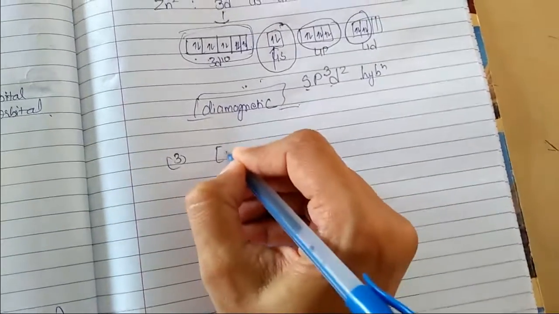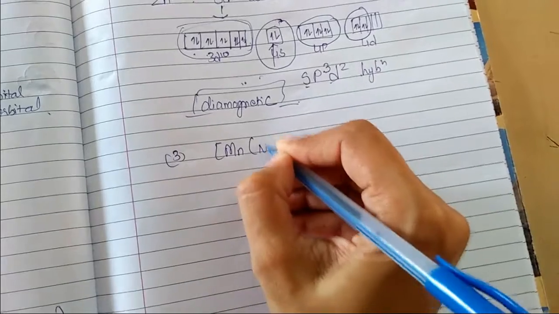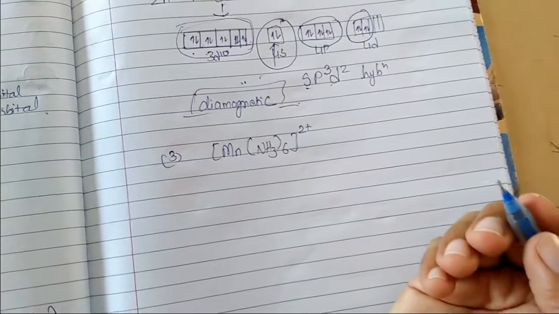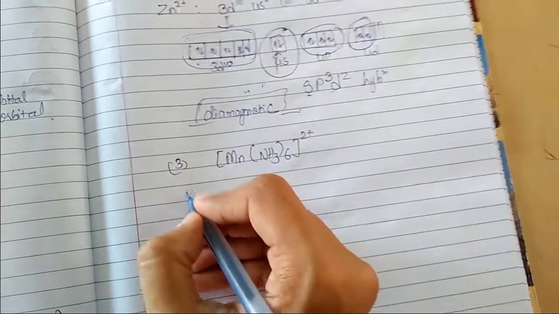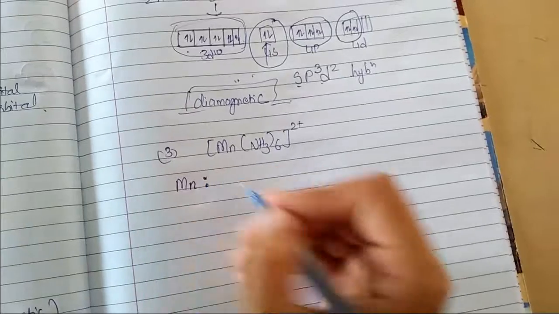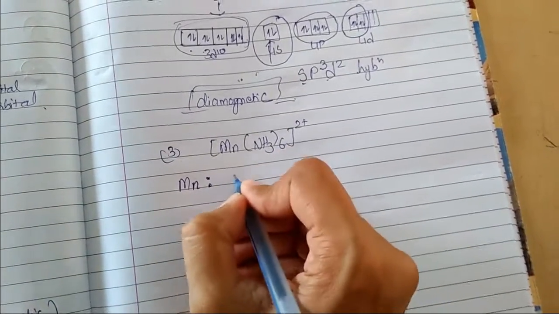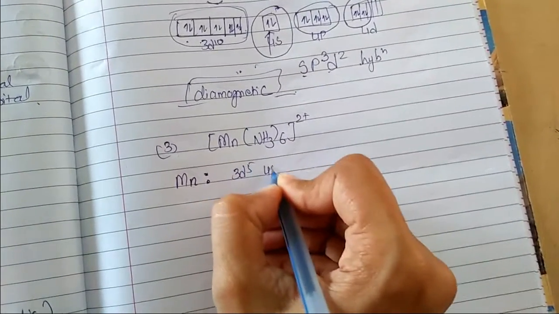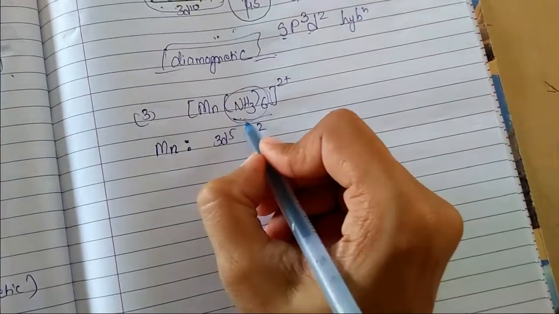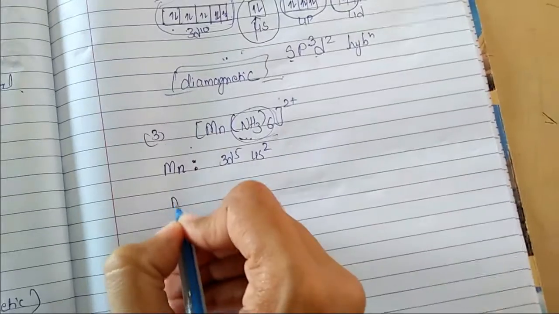If I am having Mn(NH3)6 to the power plus 2, right? Now what is the atomic number of manganese? The electronic configuration of manganese is 3d5 4s2. Now here amine is there, it is neutral, and Mn is in plus 2 state.